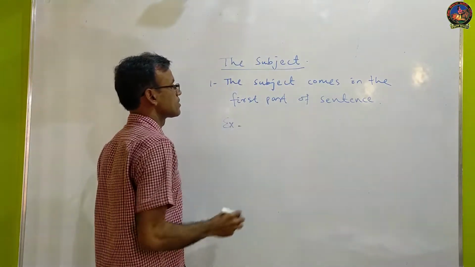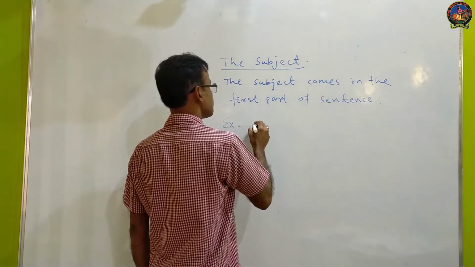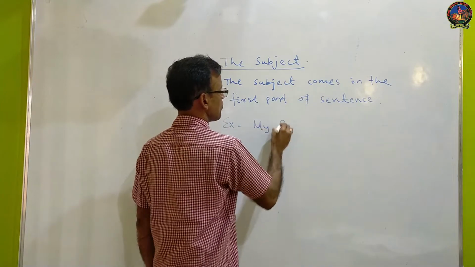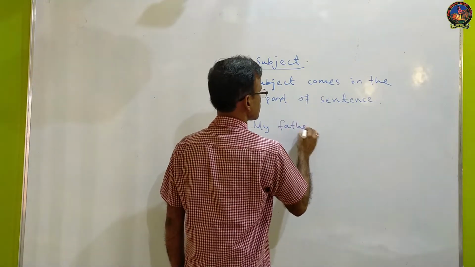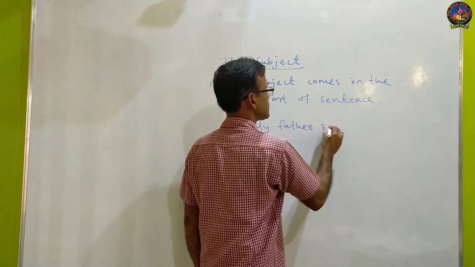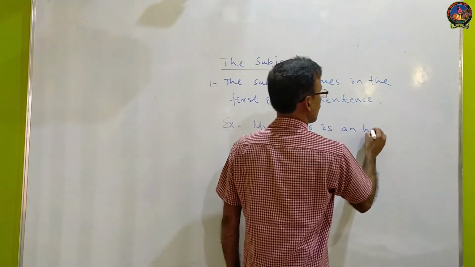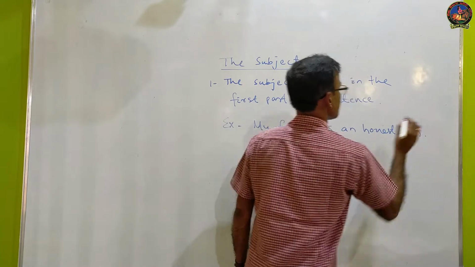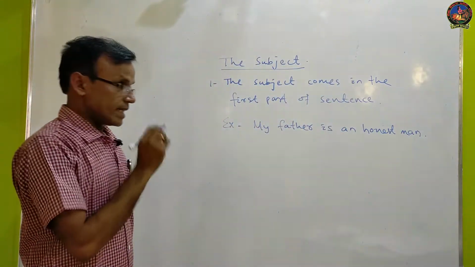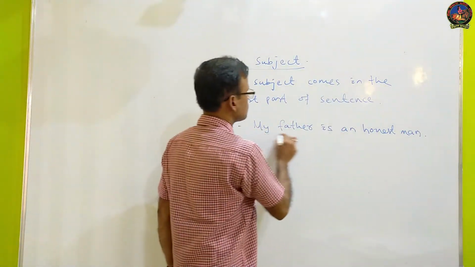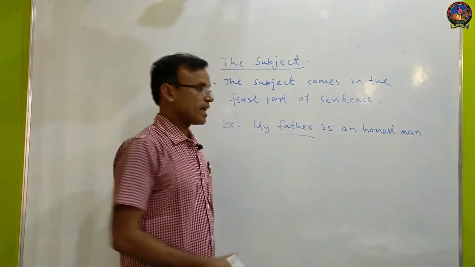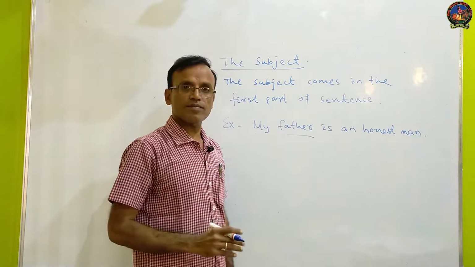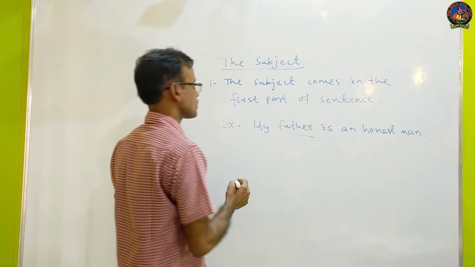Example, my father is an honest man. In this sentence, the subject, my father, comes in the first part of the sentence.